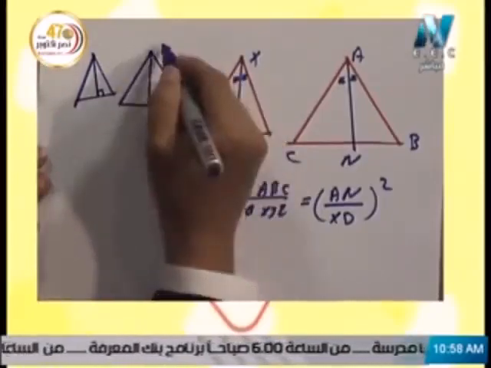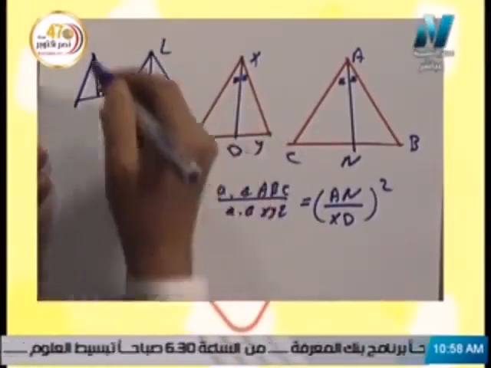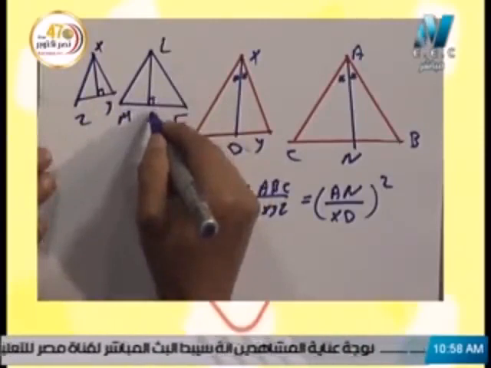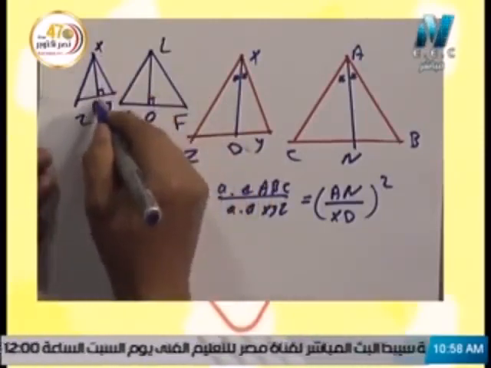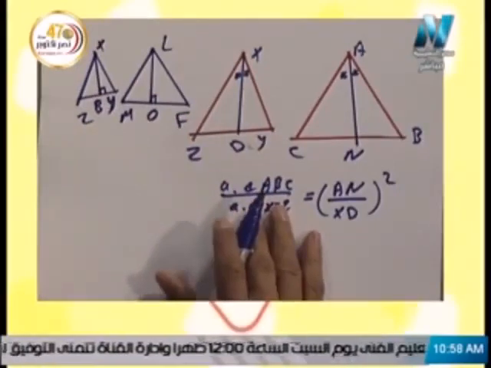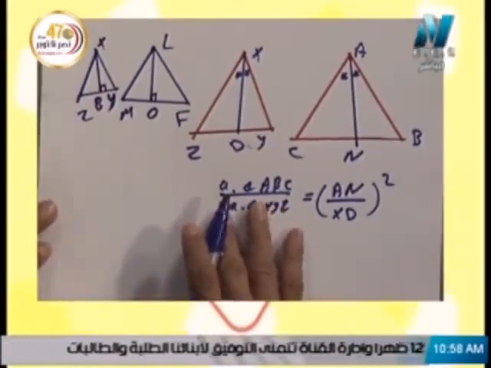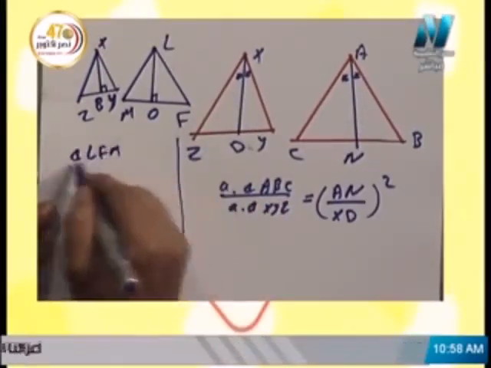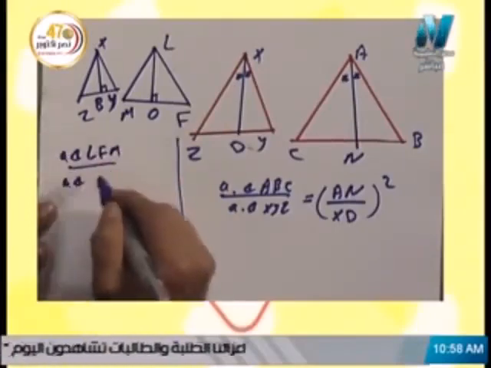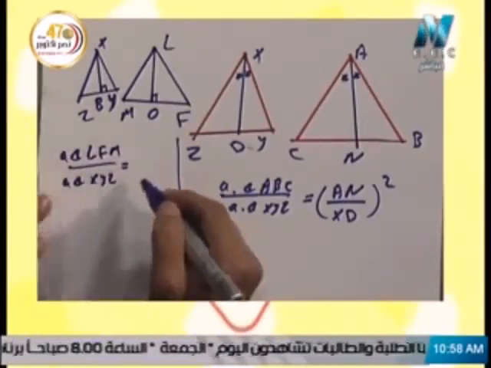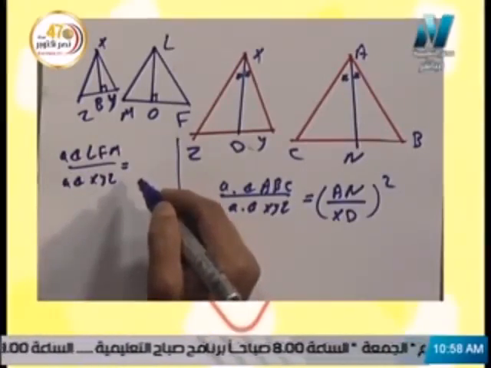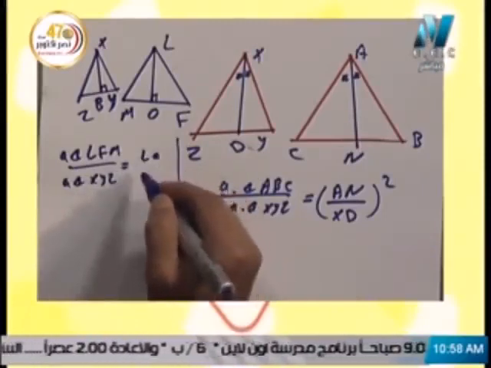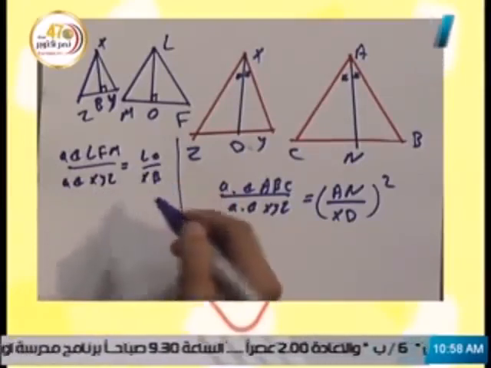If we say that this triangle is LFM and XYZ also, and this is LO and XB. Okay, so the ratio between the areas of the two triangles here, triangle LFM over the area of triangle XYZ, equals the two perpendiculars but not squared, LO over XB.